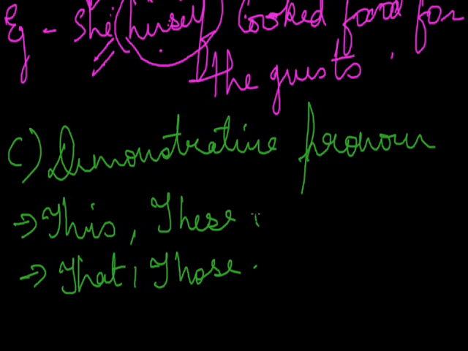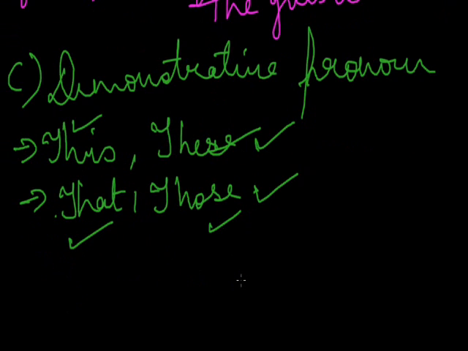This and these refer to things near at hand, and that and those refer to things at a distance. For example, this is my book, these are your friends, that is my house, those are your friends. So here I'm pointing out the objects for which this, that, these and those are used.